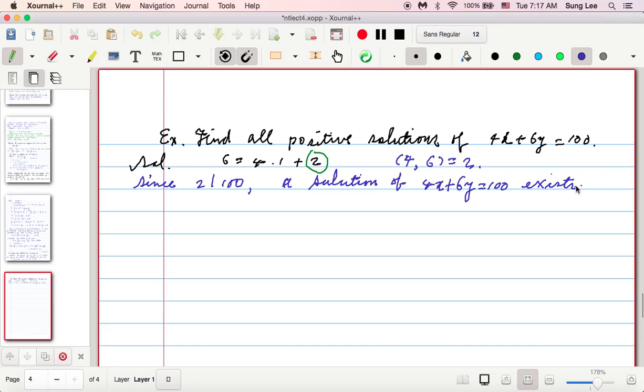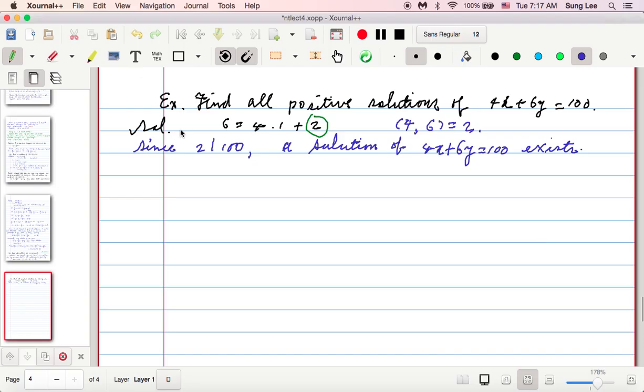We know that. So let's find the solution first.